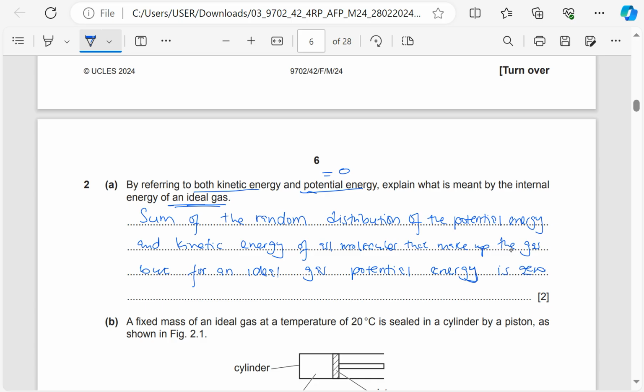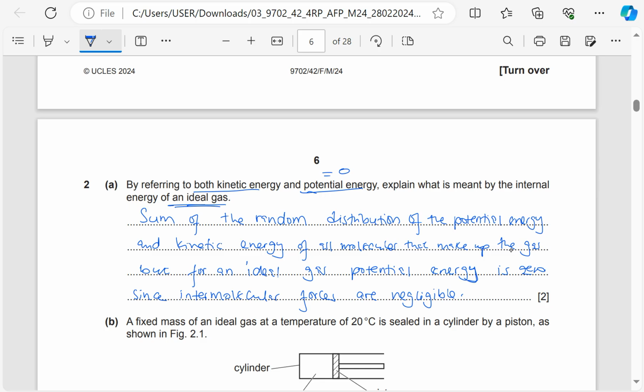We know why potential energy is 0. The reason is because intermolecular forces are negligible, then the potential energy component is 0.